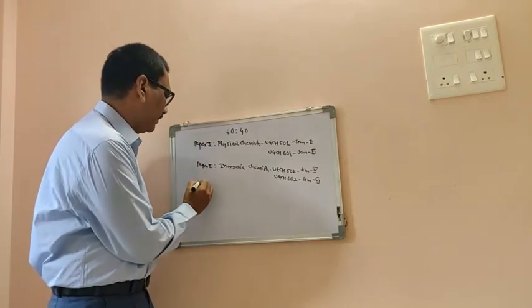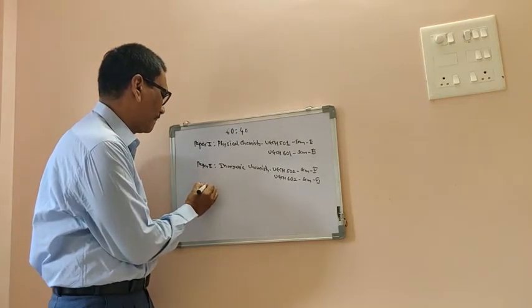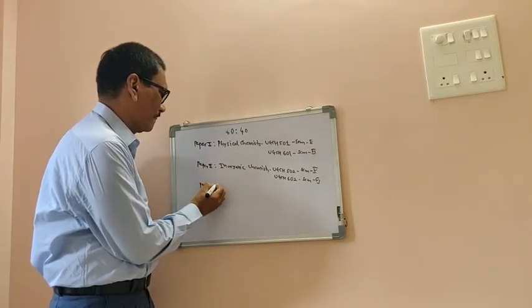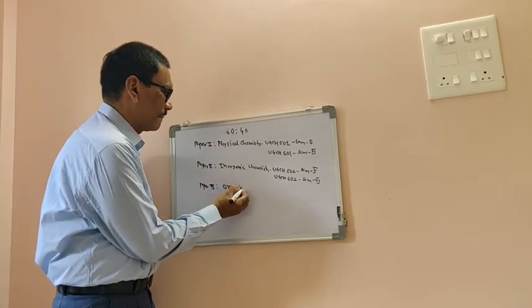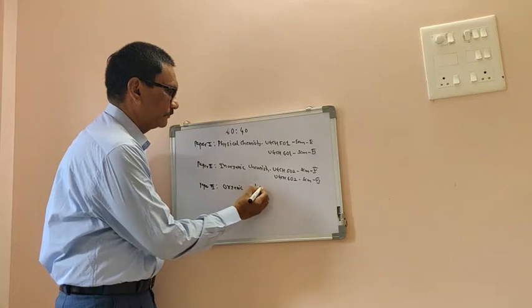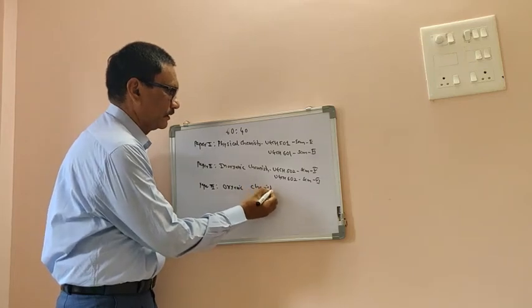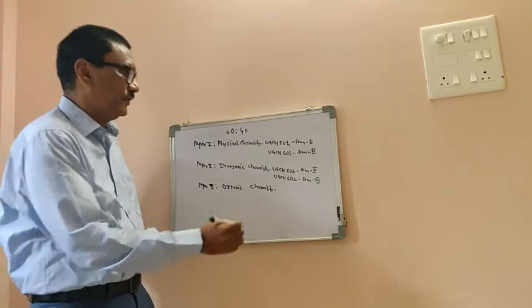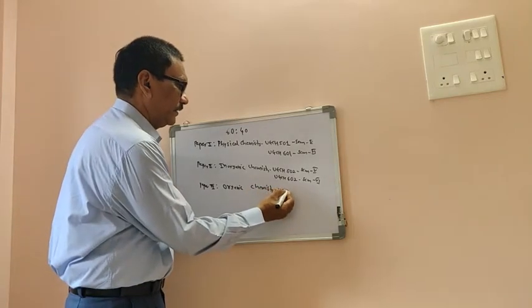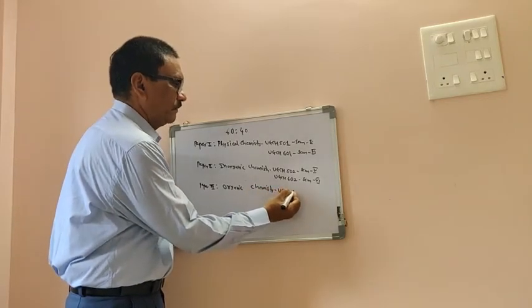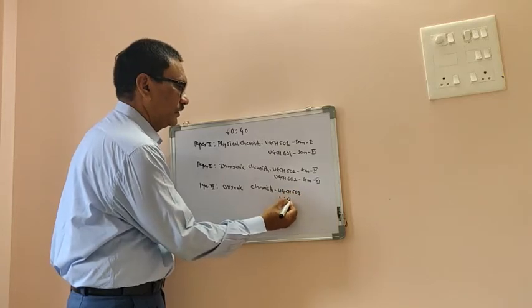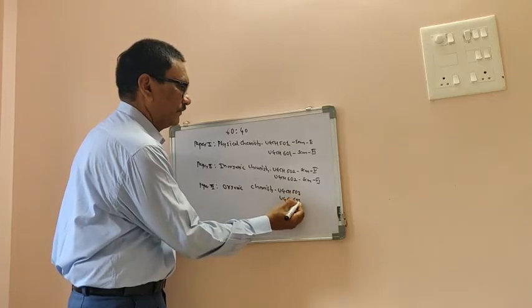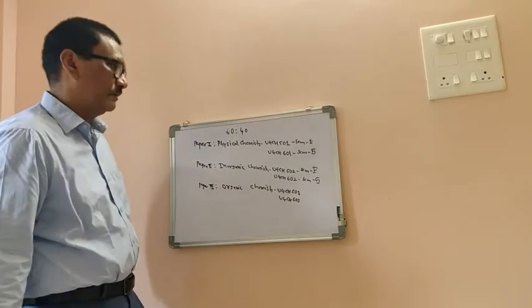The paper third is of the organic. The course code is again the same pattern, UGCH 503 and UGCH 603, same 5 and the same 6.